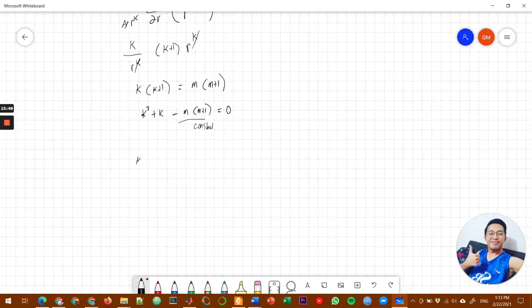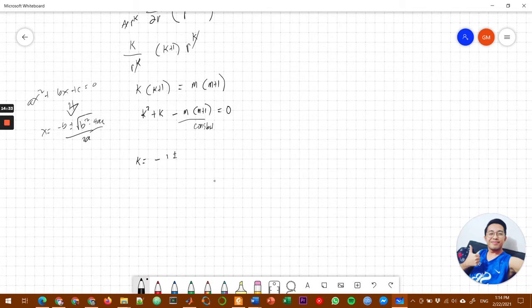So k is equal to the negative. You can review your quadratic formula. So you have negative 1 plus and minus. If you can recall the quadratic formula, let's say x is equal to negative b plus minus the square root of b squared minus 4ac over 2a, where a x squared plus bx plus c equals 0.